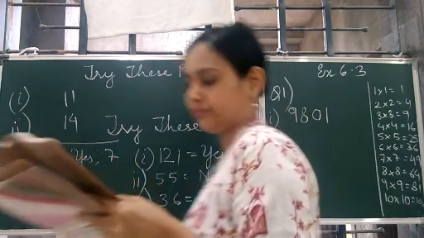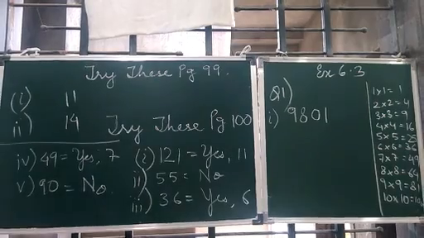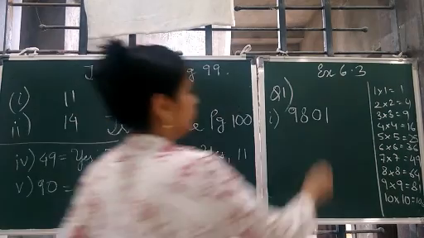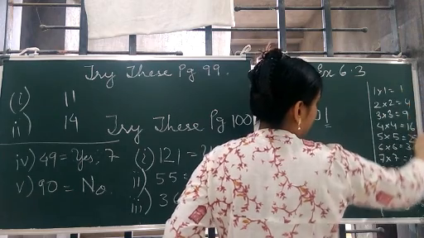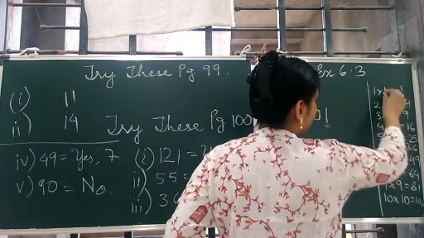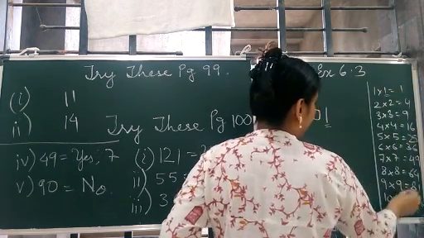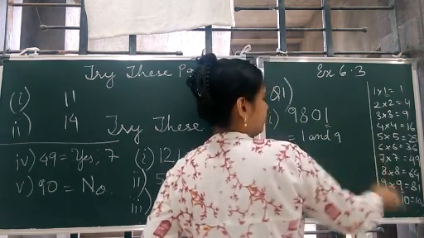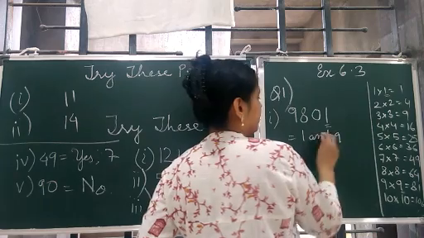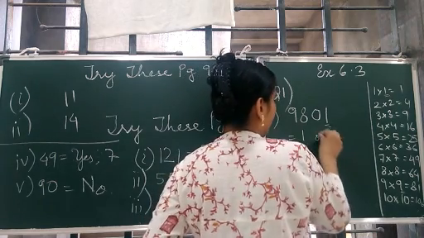9801. What is this? 1. So you check in the question wherever there is 1. 1, 1. So what can be in the units place? 1 and 9. Referring to this, units place can be either 1 or 9, not both.